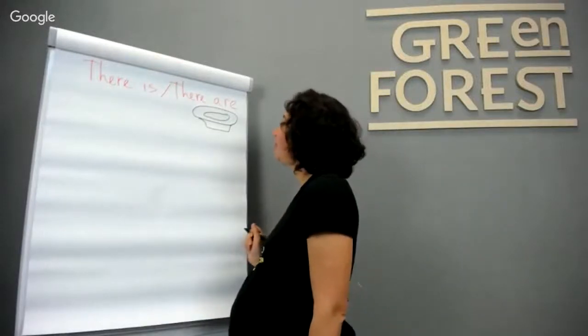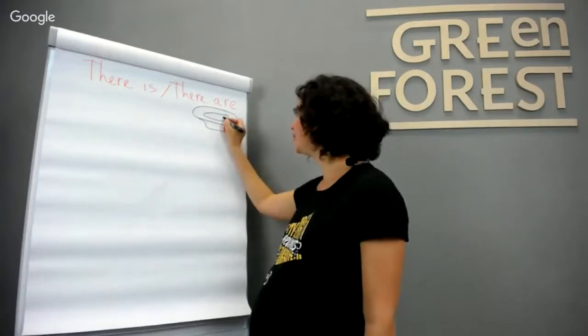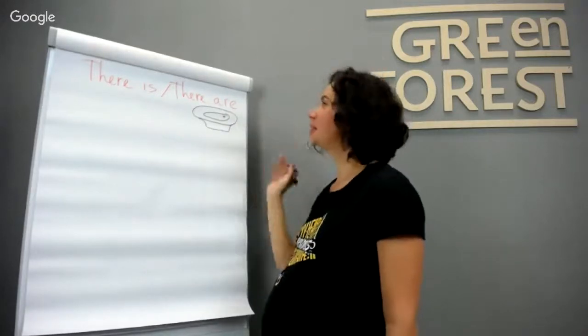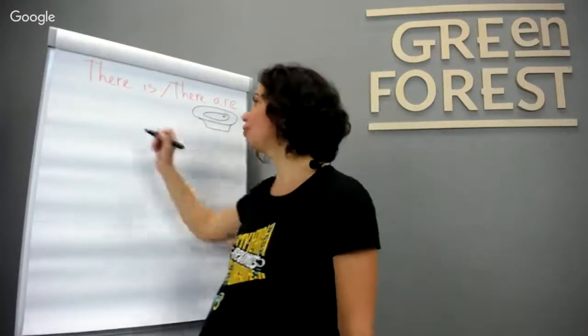Inside of a plate you have soup. And there is also an insect. It's a fly over here. And now using this construction we will create the sentences to describe this picture.